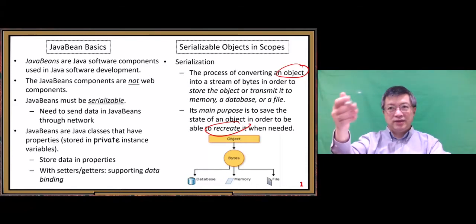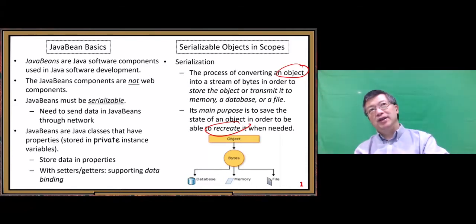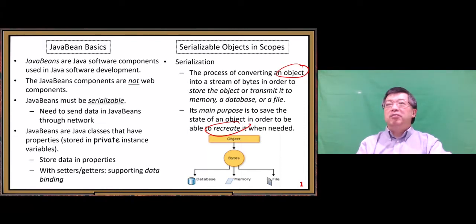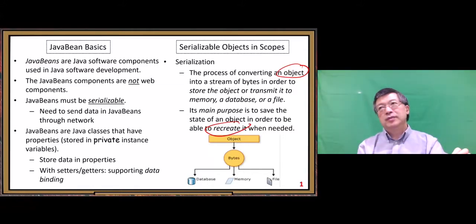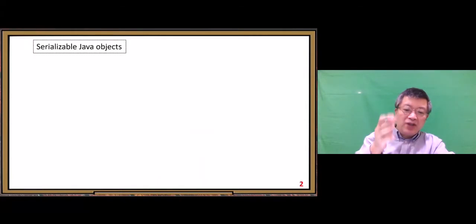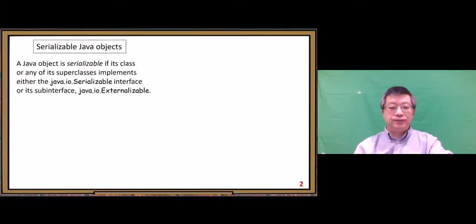So that's the whole story. I hope you understand this background information. Otherwise, later when we learn more properties, it may not be easy to understand. All right, next: serializable Java objects.